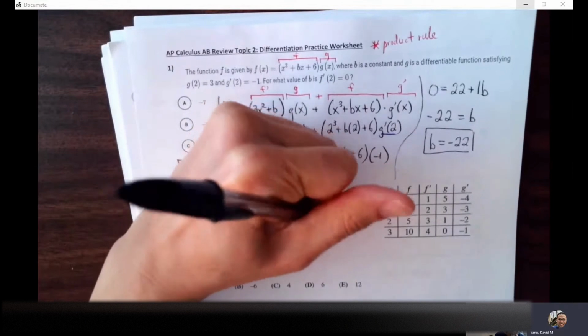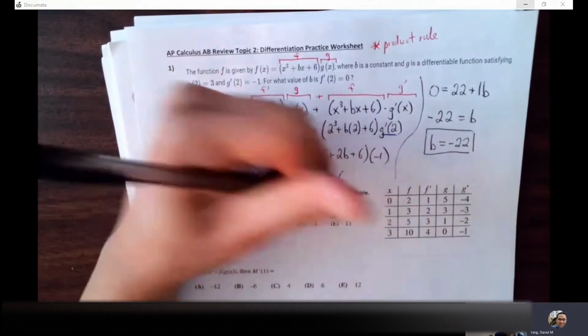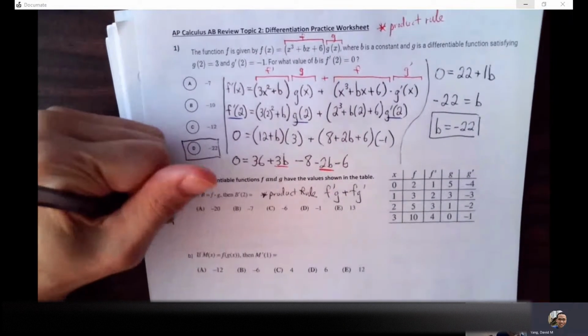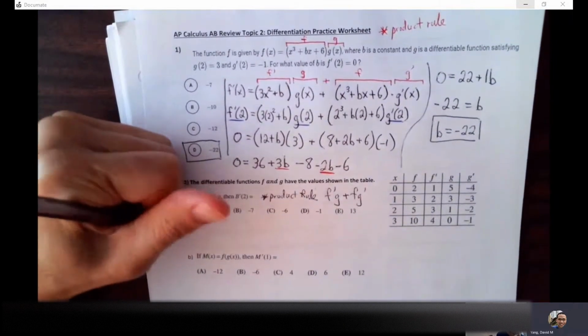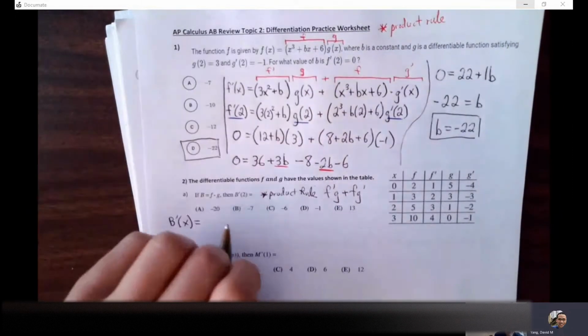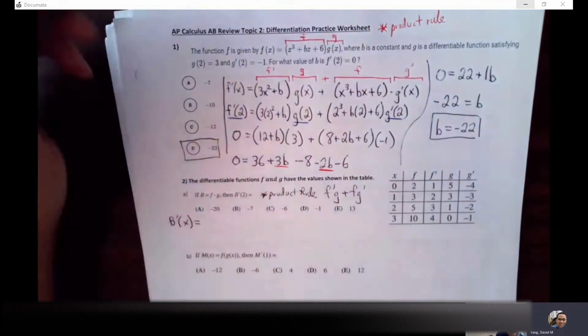So f prime times g plus f g prime. All right, so I'm going to just spell out my derivative here, and then I can worry about the 2.